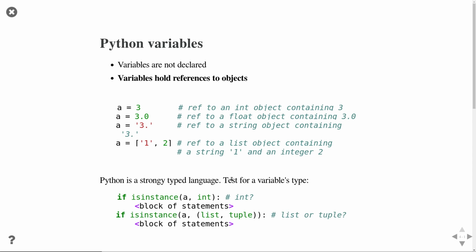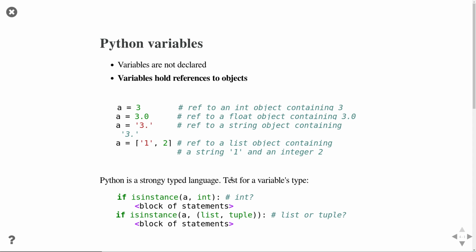It's also important to notice that Python is strongly typed. So every variable in Python is an object of a specific type, and we can check which type it is by using the isinstance function. In this line here, we check if isinstance(a, int), so we check if the variable a is of type integer.